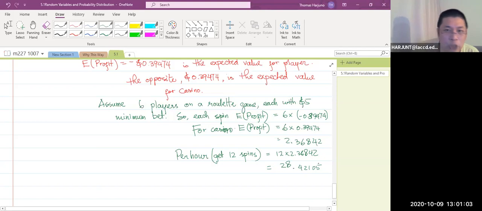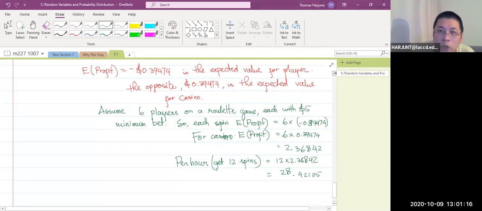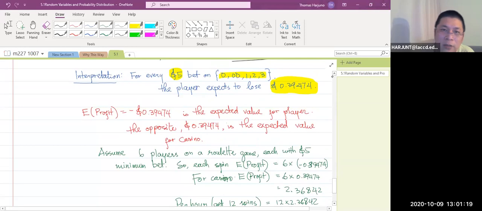Now the thing is, when you and I go play and we lose $5 and $5 and then $5, guess what will happen the next bet? You tend to bet more. Why? Because when you lose a little, you want to get it back, right?